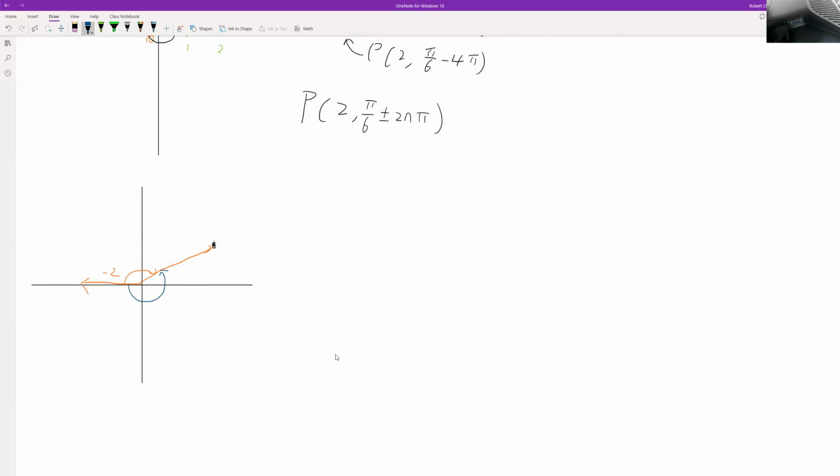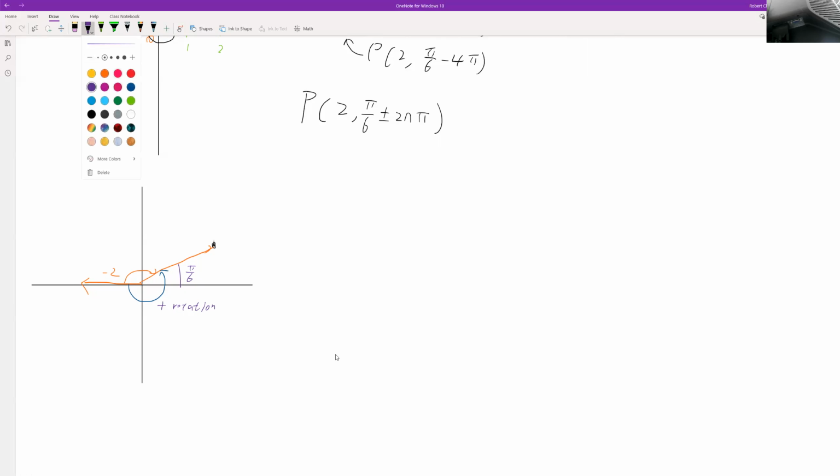And our goal is to figure out what these angles are, right? So we know that this is pi over 6. And if you look at the blue one, which is going to be a positive rotation because it's counterclockwise, to rotate from the initial side of this orange segment to the terminal side, we have to rotate a total of pi and then pi over 6.